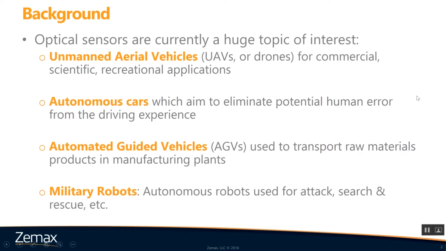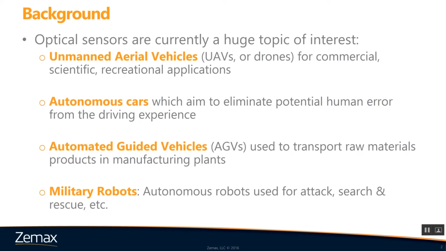So as a bit of a background, optical sensors are currently a huge topic of interest when it comes to autonomous vehicles. We have obviously UAVs and drones that are being used for a variety of applications, not just defense applications, also in commercial and recreational applications.